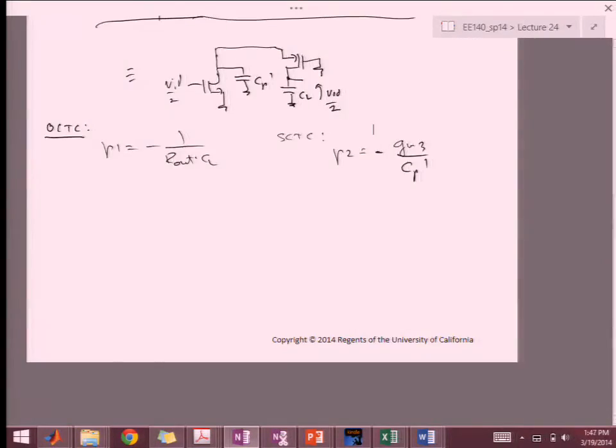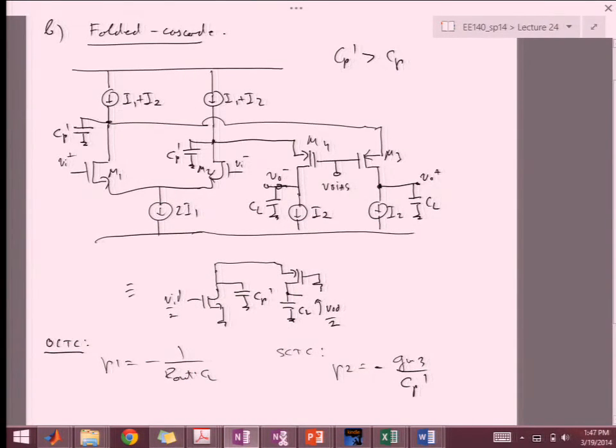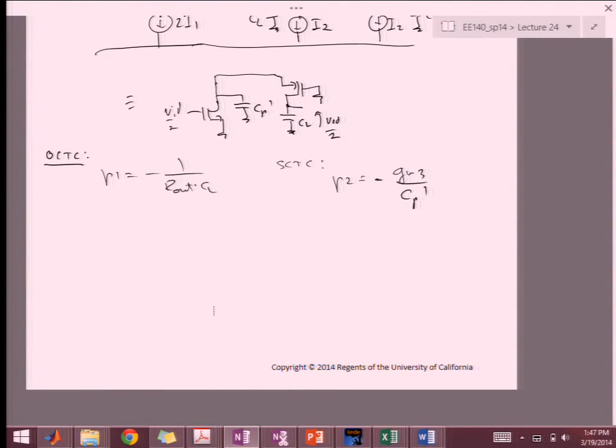Now, since CP prime is greater than CP, P2 of the folded cascode is going to be smaller than P2 of the telescopic cascode.